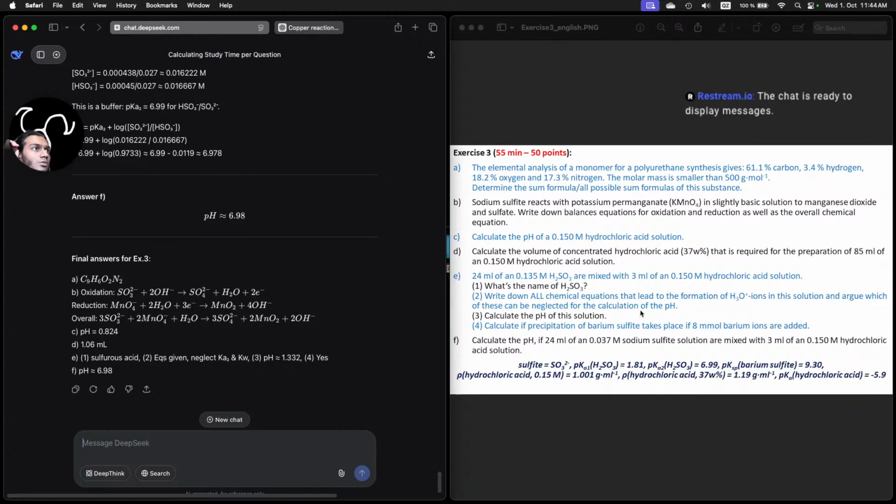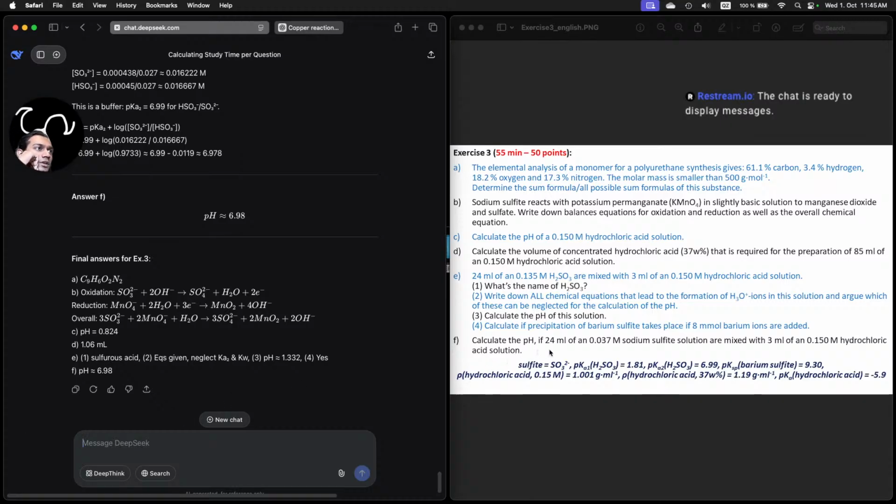Don't go too much. Write down all the chemical equations that lead to the formation of hydronium ions in this solution and argue which of these can be neglected for the calculation of pH. Calculate the pH of the solution. Calculate if precipitation of barium sulfide takes place if 8 millimole barium ions are added. Oh yeah.